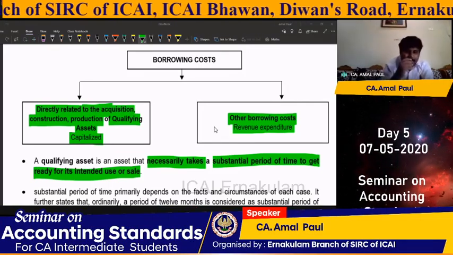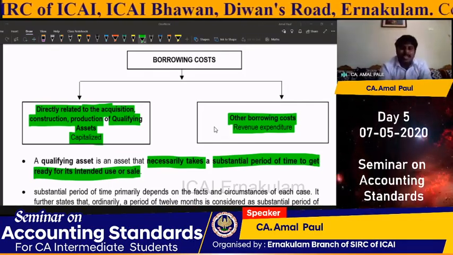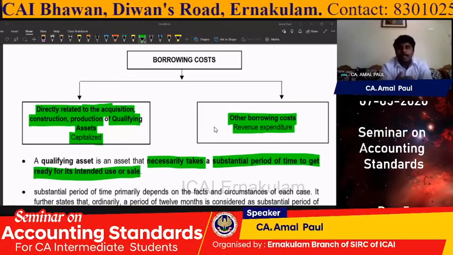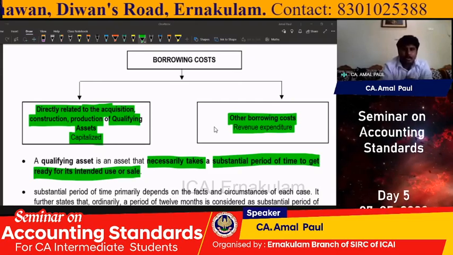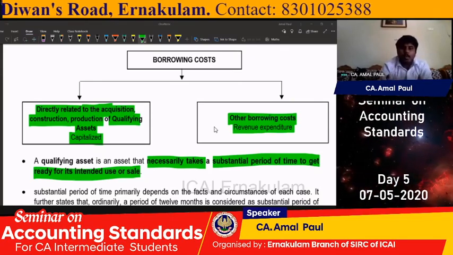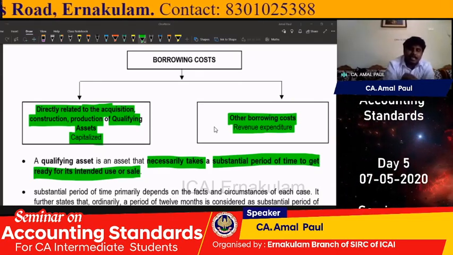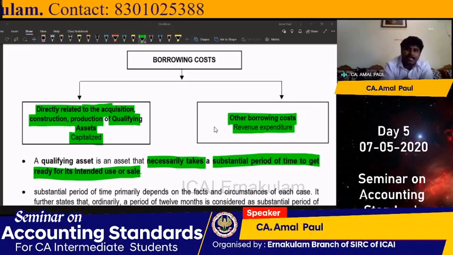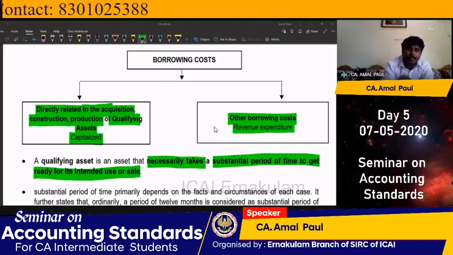We'll take another example. You had taken a loan for building or constructing an office building. This construction will take some time.